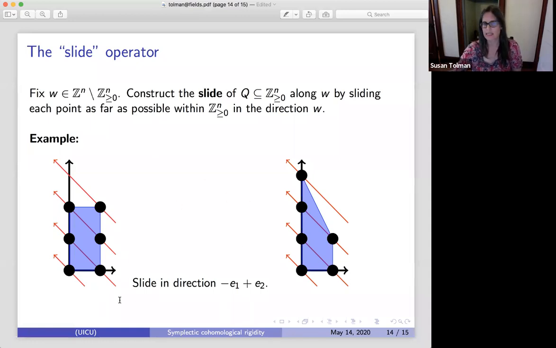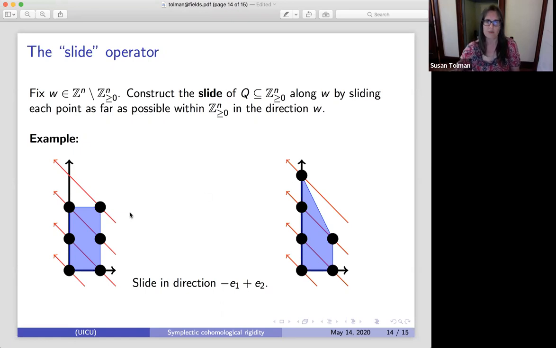So here's a very simple example. I can only slide along these red lines. And you see, if I look at this bottom one, there's no place to slide it. Here, no place to slide it. Here, no place to slide it. But if I look here, aha, I can move this dot one point this way, and I get this dot. Do you see how I got from the left picture to the right picture by sliding my dots?